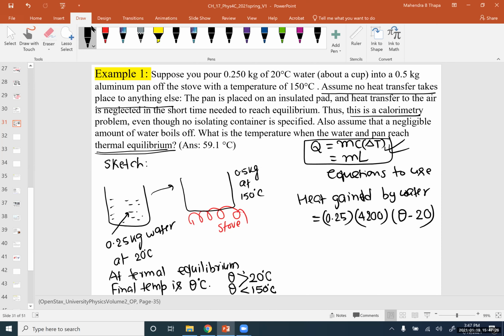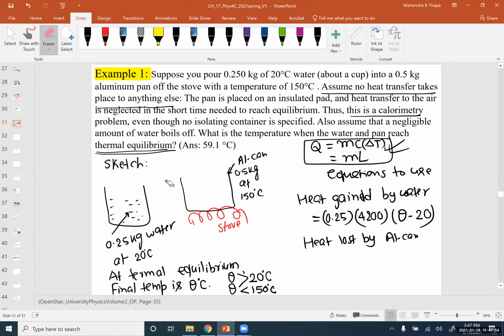Then the temperature of this pan will certainly go down. So the heat lost by the aluminum can. This is the aluminum can. I just want to make sure that the water is poured here, not the can.